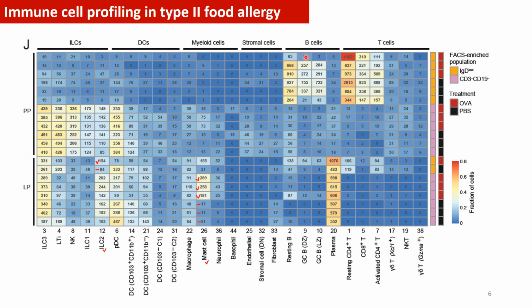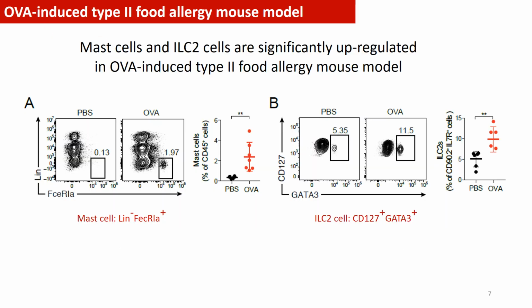The most enriched cells are plasma cells and resting CD4 T cells. However, there are no significant differences between the two treatment groups. So in the OVA-induced type 2 food allergy mouse model, we can see that mast cells and ILC2s are significantly upregulated.